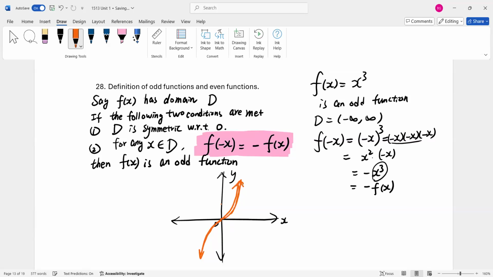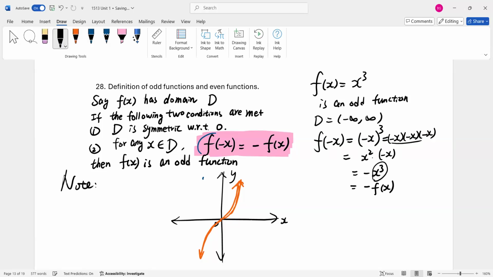If we flip the graph with respect to the x-axis, we will have this graph. If we flip the red curve over the y-axis, we get the same thing, right? So that's what this condition means.